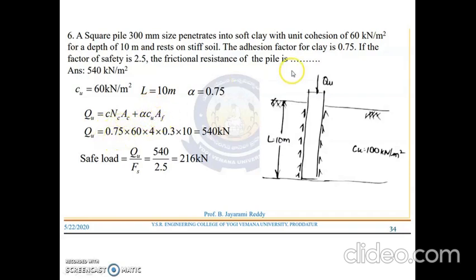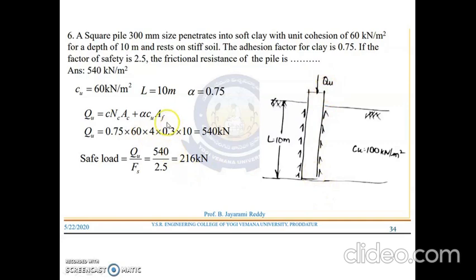Alpha value is 0.75, which is the adhesion factor. Cu is 60, that is unit cohesion. And AF is 4 into B into L. Since it is a square pile, we can calculate area as 4 times the width into the total length.